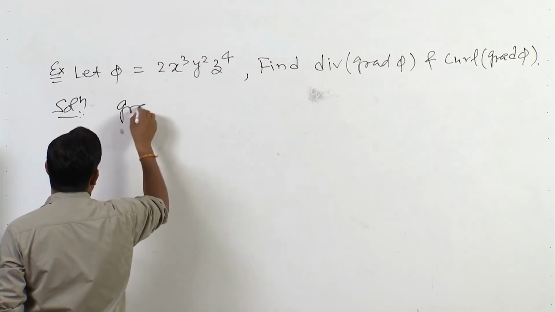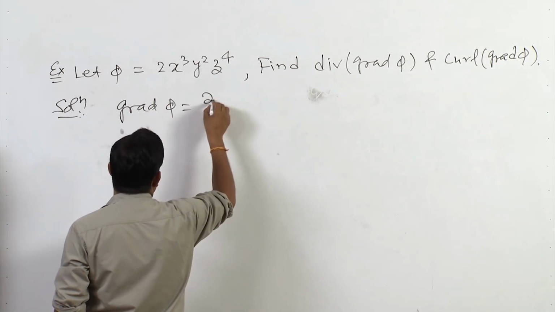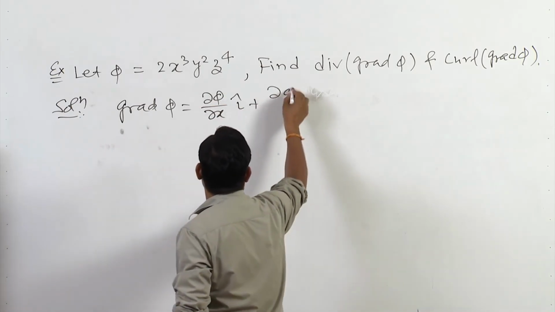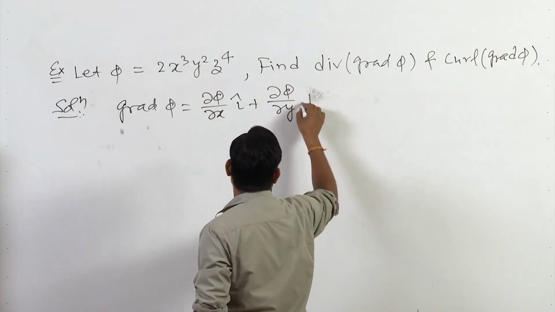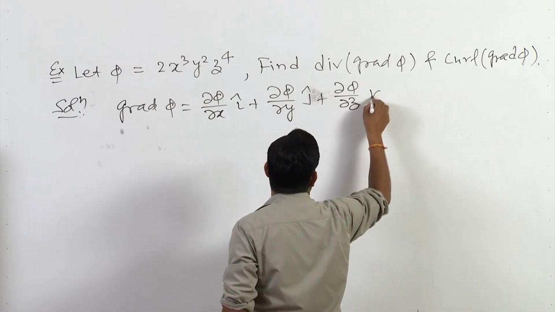So, here grad phi will become del phi over del x i plus del phi over del y j plus del phi over del z k.